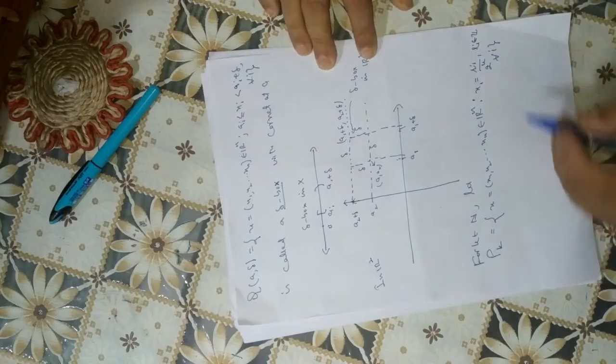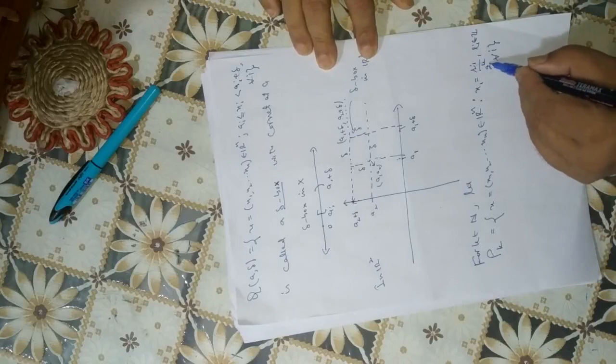Okay, means integral multiples of 1 upon 2 power k.